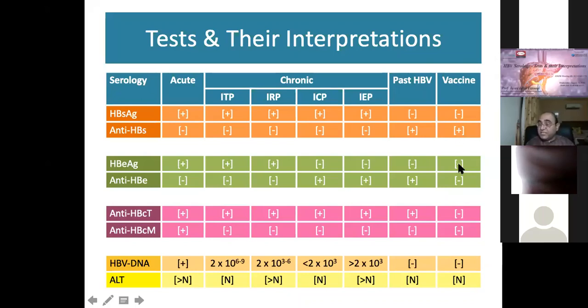But the rest, the E antigen, E antibodies, total antibodies, DNA, everything will be negative. Okay, so it is important that we understand whether my patient is HBV vaccinated or not, and if the patient had infection, which phase the patient falls in.